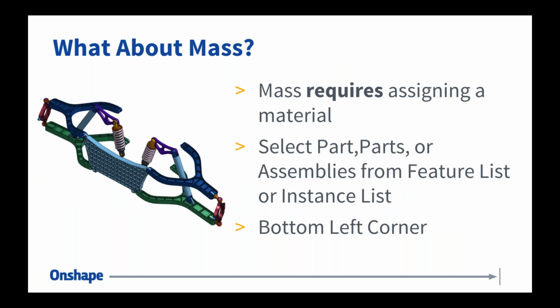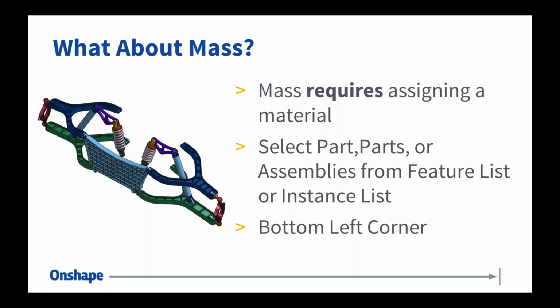Right. Now, what about mass? That's the next natural question: how do I tell how much something weighs? Or maybe how do I tell how much my entire assembly weighs? Or how do I tell how much these combinations of parts weigh? And the answer, and it's a very important step in the process, is that in order to obtain a meaningful number for mass, you need to assign a material.